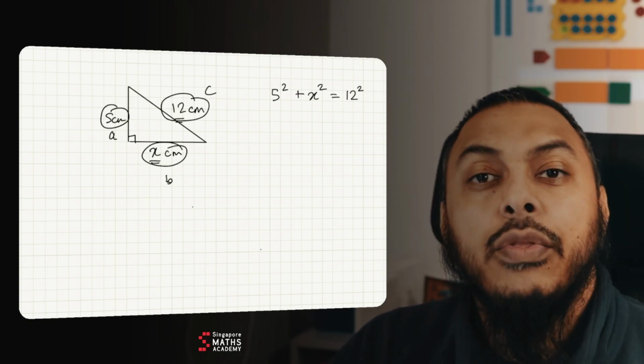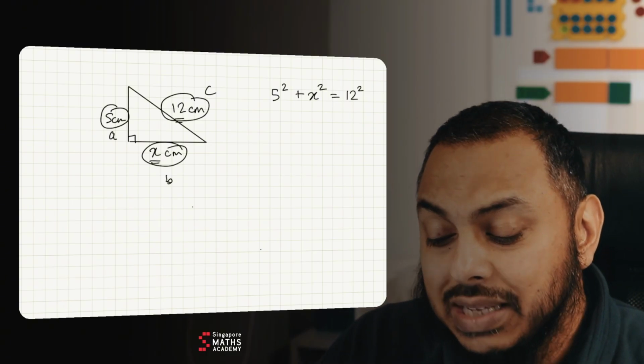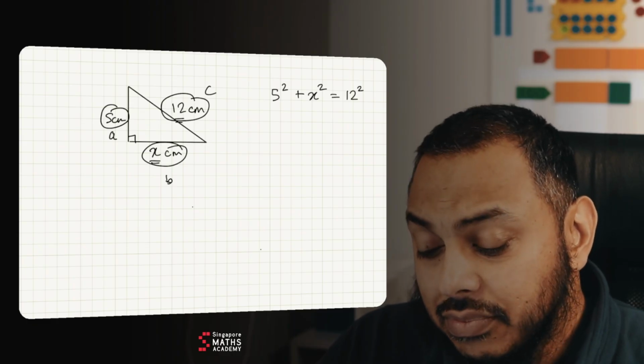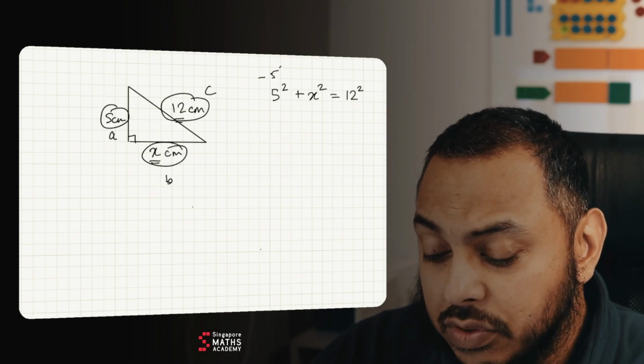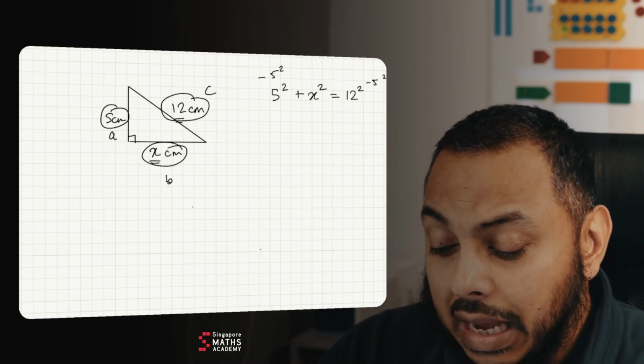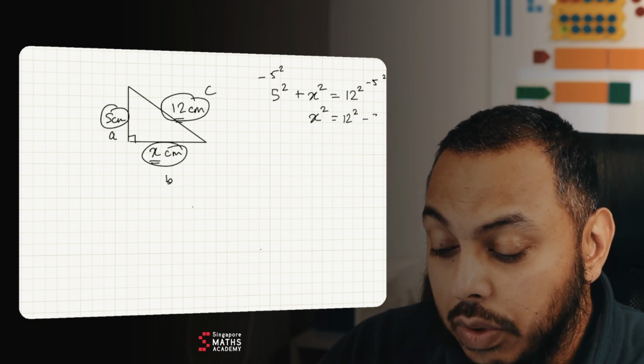And so using our knowledge of algebra and how we manipulate equations, if I want to work this out, I can take away the 5 squared on both sides. And so I'm left with x squared is equal to 12 squared take away 5 squared.